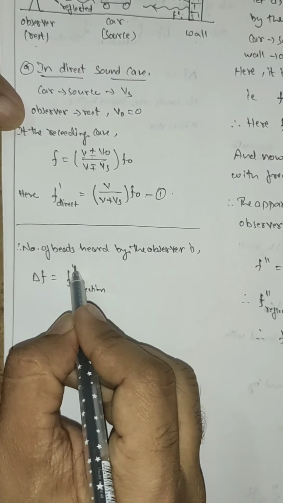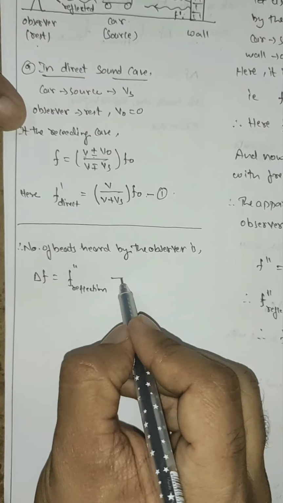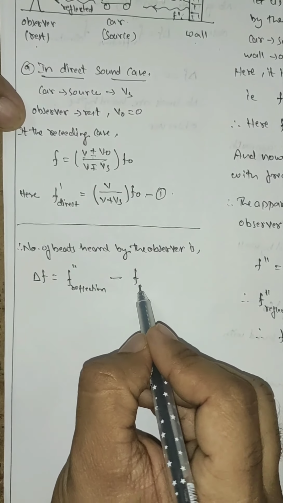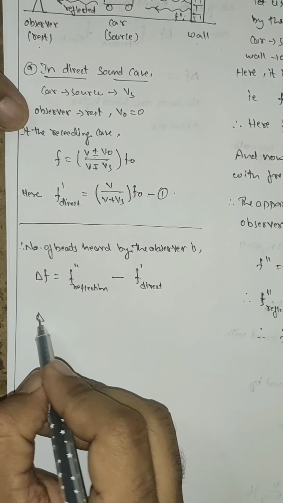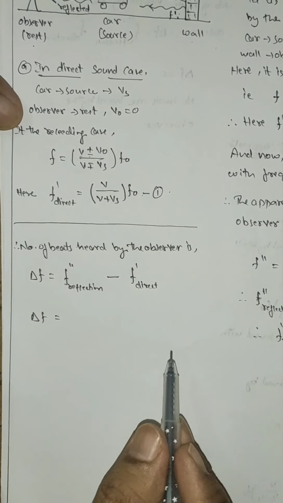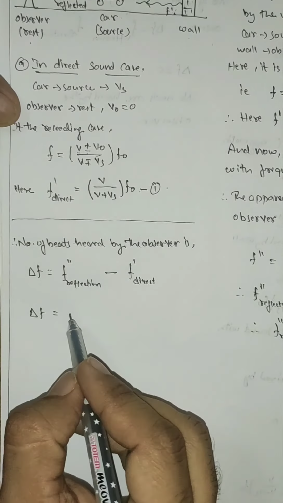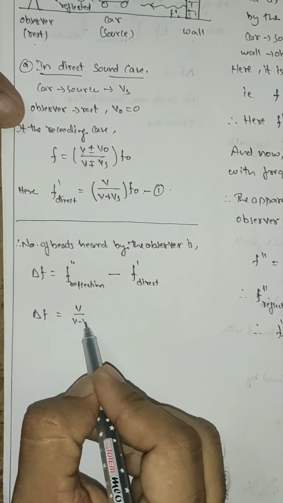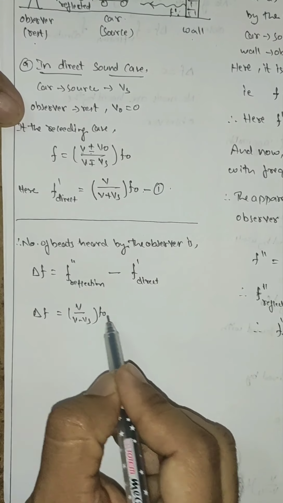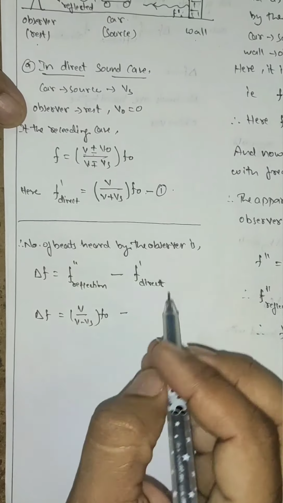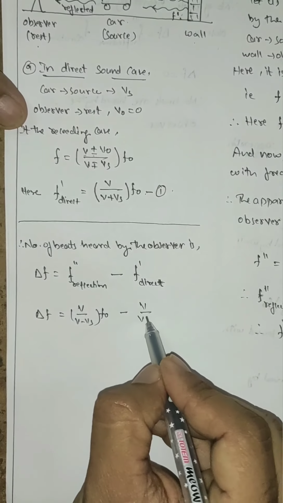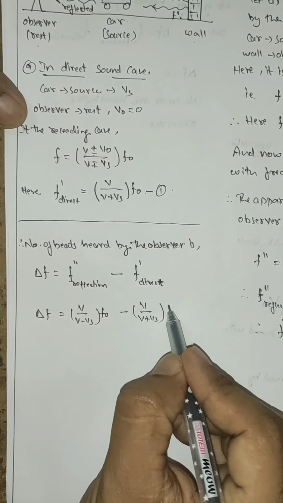equal to the frequency of the sound after reflection minus the frequency of the sound directly. So delta f is equal to the frequency after reflection, V by V minus Vs into f naught, minus, in the direct case, the frequency of the sound, which is V by V plus Vs into f naught.